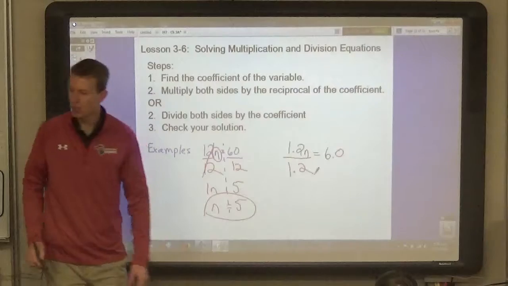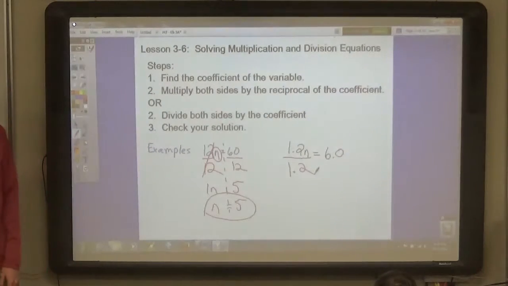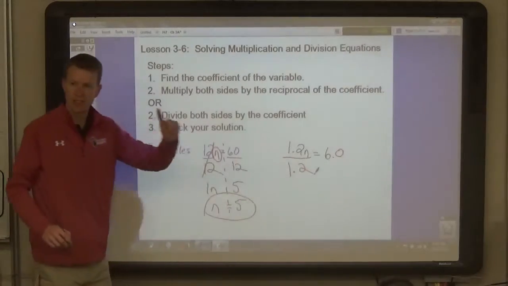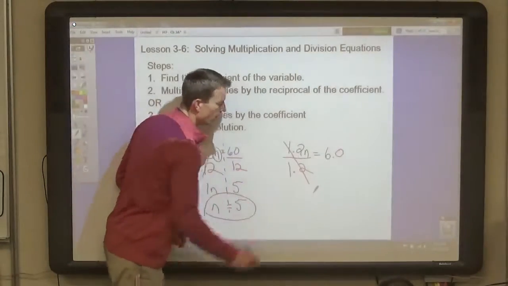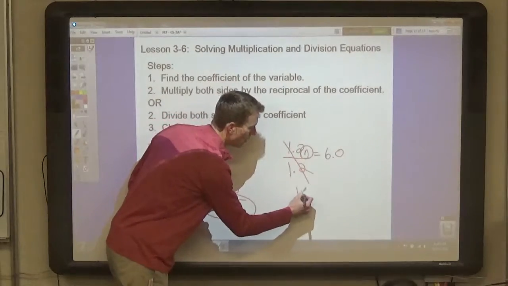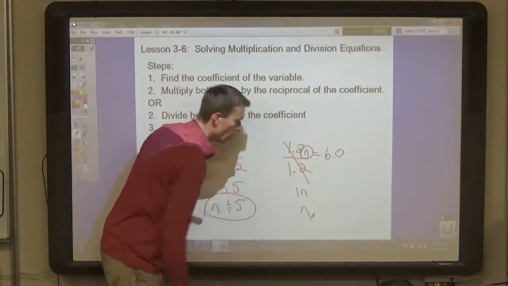Divide by 1.2. So copy that down. And solve this one. 1.2 divided by 1.2 is still 1, so we cross those off. We're left with 1n, which is equal to n.